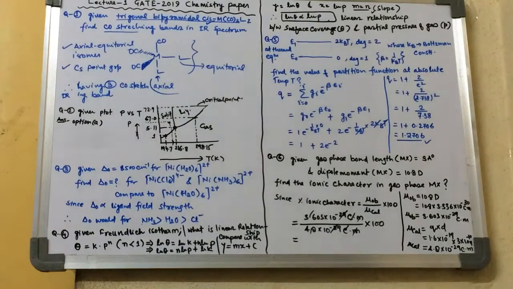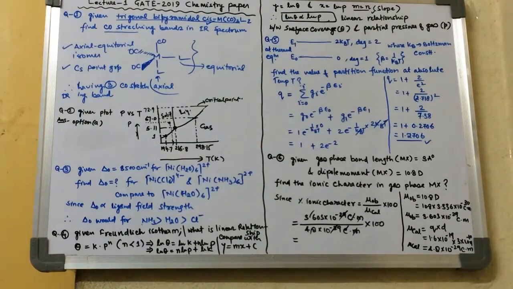The question is given to us. What is question four? Question four says: given Freundlich isotherms. The question is saying, in a Freundlich isotherm, a linear relationship is obtained in a plot of, and the options given are theta versus p pressure, ln theta versus ln p pressure, ln theta versus p, and theta versus ln p pressure.